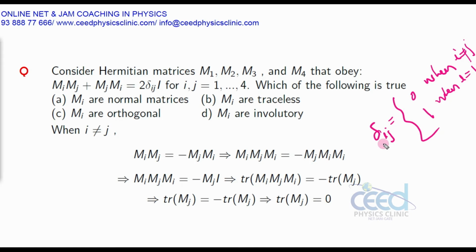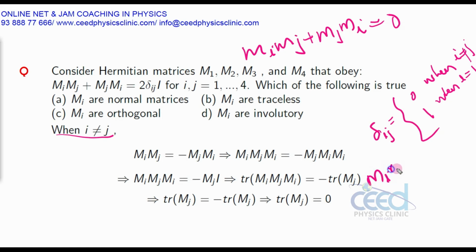So this part will be 0, because in the question it is given that i is not equal to j. So I can write MiMj plus MjMi is equal to 0 when i is not equal to j. So from it I can write MiMj is equal to minus MjMi.